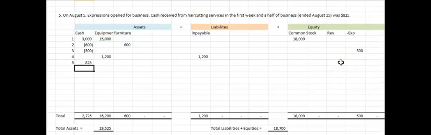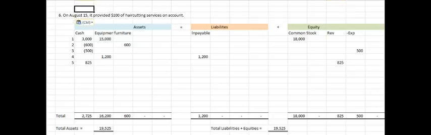Now we have $825 revenue, so our revenues increased by 825. Finally, is the accounting equation still in balance? Yes, it is. So as you notice, for each transaction, the numbers of the accounting equation change, but the accounting equation always holds true.